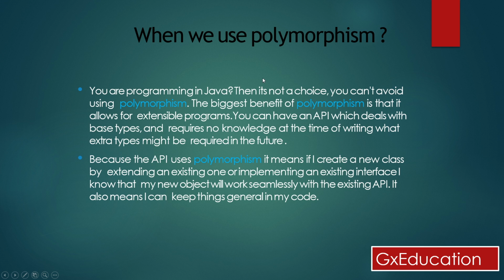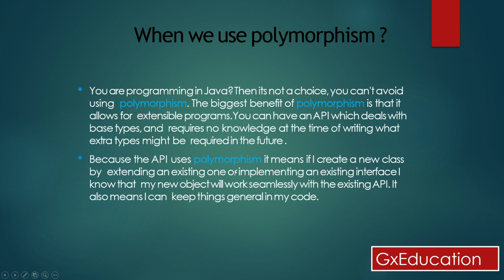When you are programming in Java, using polymorphism is not a choice. You can't avoid using polymorphism. The biggest benefit of polymorphism is that it allows for extensible programs. You can have an API which deals with the base type and requires no knowledge at the time of writing of what extra type might be required in the future.